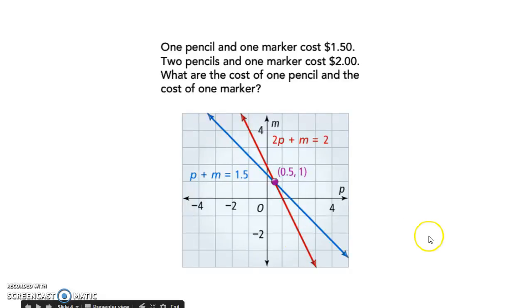If we look at the graphs of the 2 lines, we see that they cross right here. That point is (0.5, 1). That point represents their point of intersection. That would be the point that they have in common. Okay, so that would be the point where P, the pencil, costs 50 cents, and M, the marker, costs $1.